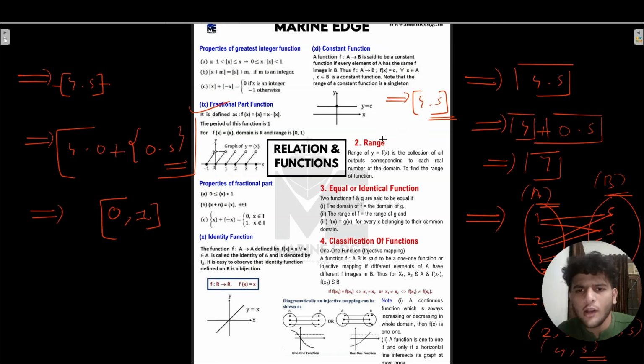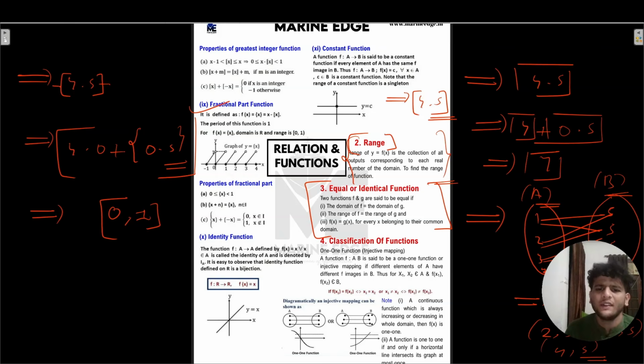Okay. So we have already talked about the range. Range is basically the output for a given function. Equal or identical functions: two functions can be said to be equal or identical when they have the same basic properties, that is, we are talking about domain as well as range. When the domain of the first function is equal to the domain of the second function, and the range of the first function is also equal to the range of the second function, you can say that these functions are equal or identical.